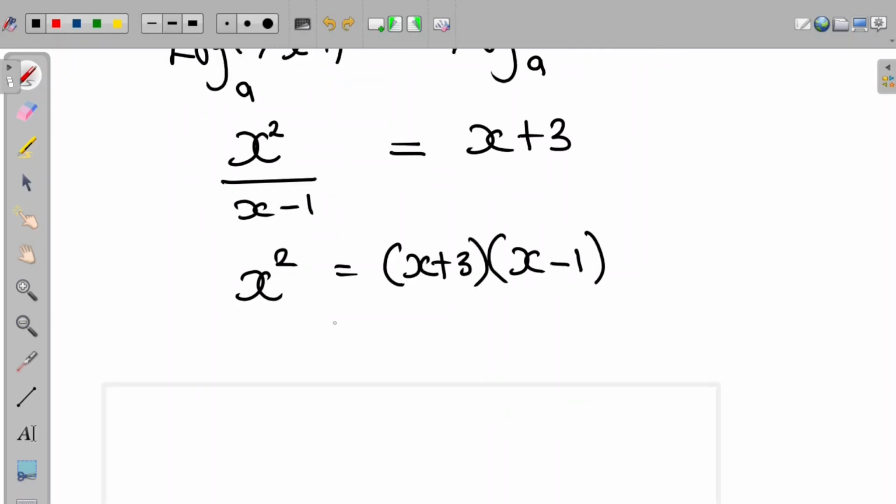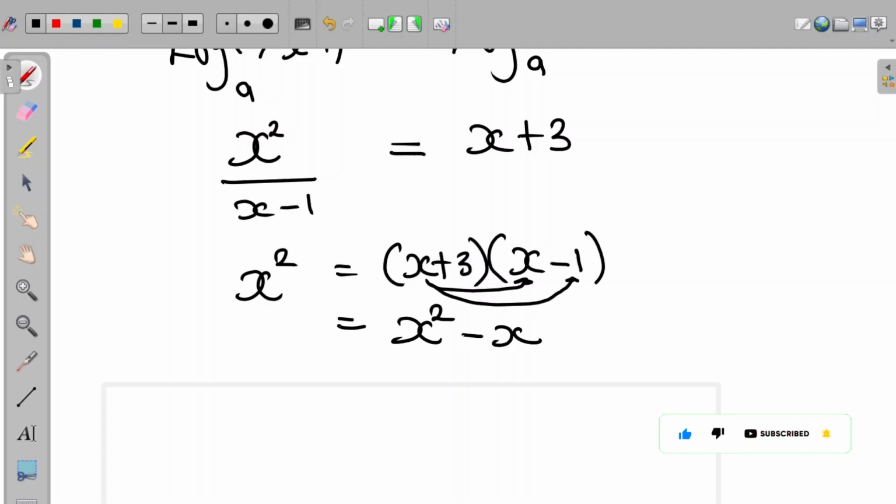So now let us expand the bracket. We have x multiplied by x, so we have x squared, x multiplied by negative 1, so we have negative x, 3 multiplied by x, so we have plus 3x, and 3 also will multiply negative 1. So this becomes negative 3.